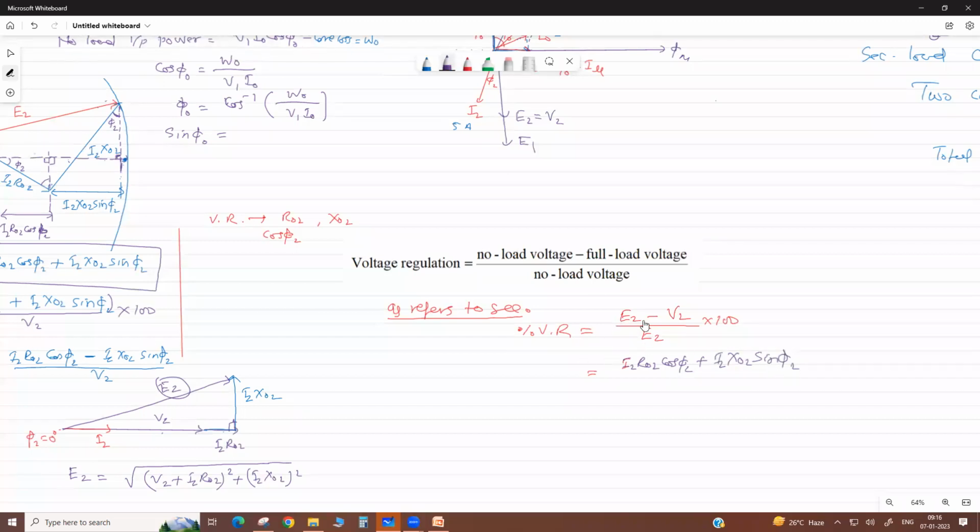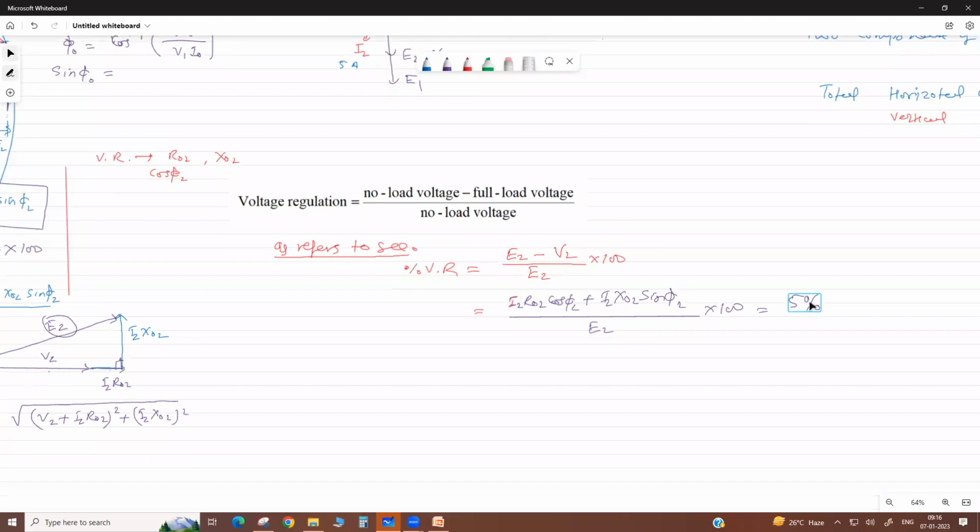This difference E2 minus V2 divided by E2 will give the percentage, maybe like 5% or 8%, whatever it is. When we calculate voltage regulation, in the first part they ask voltage regulation, and in the second part they ask terminal voltage.